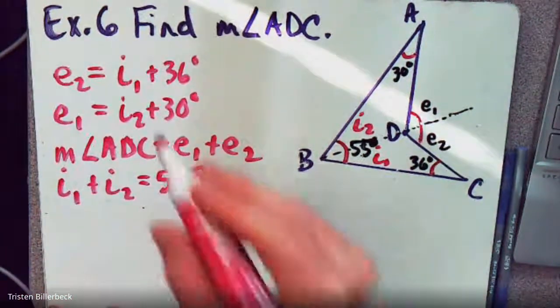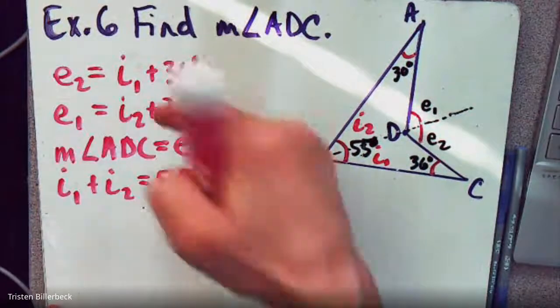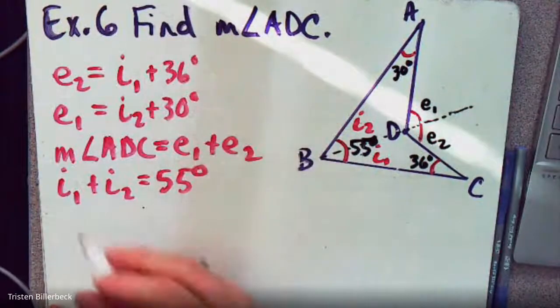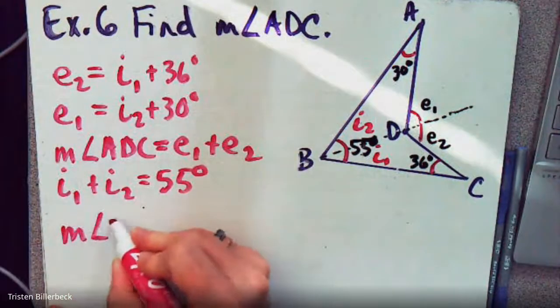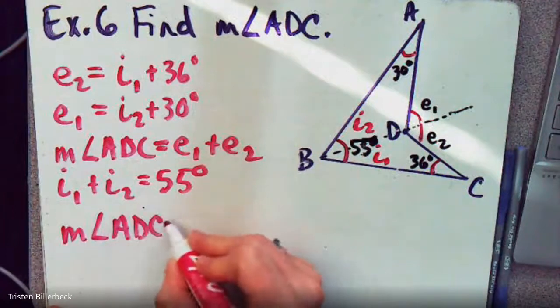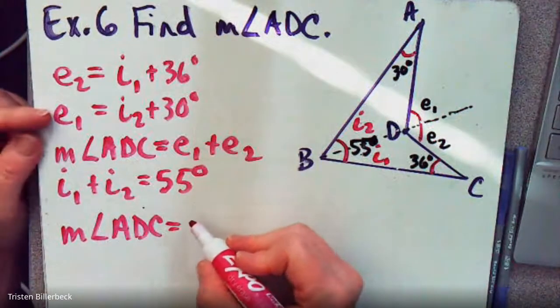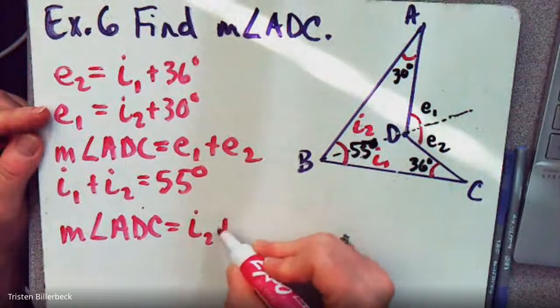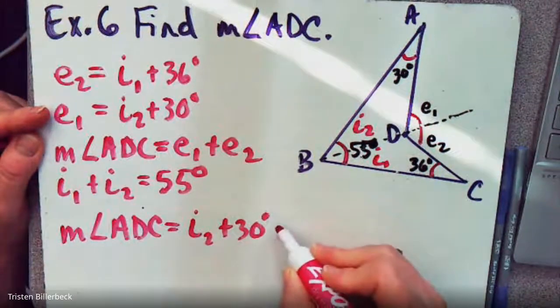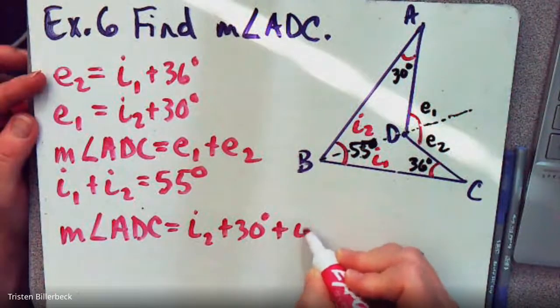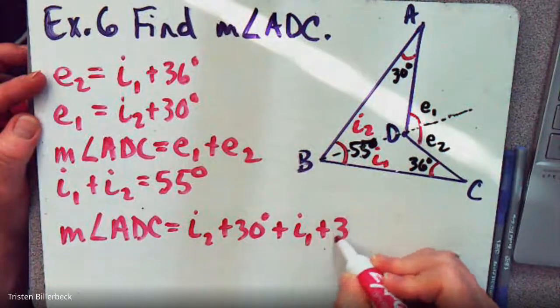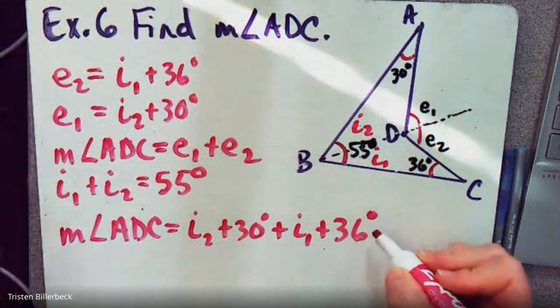Now let's put this all together. We'll substitute this in. The measure of angle ADC equals E1, which is I2 plus 30 degrees, plus E2, which is I1 plus 36 degrees.